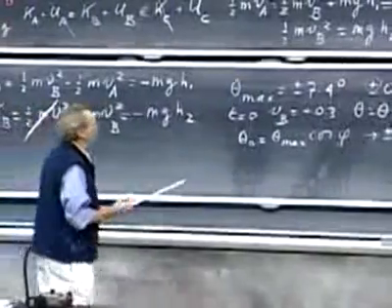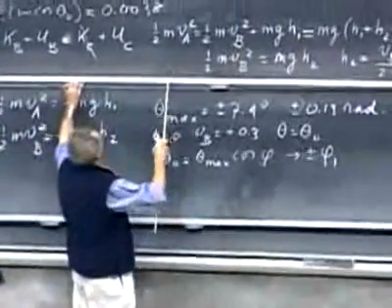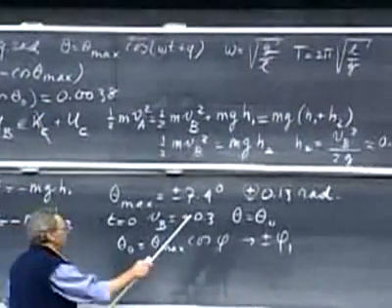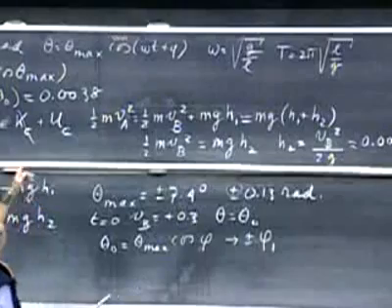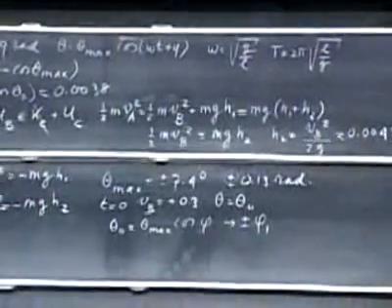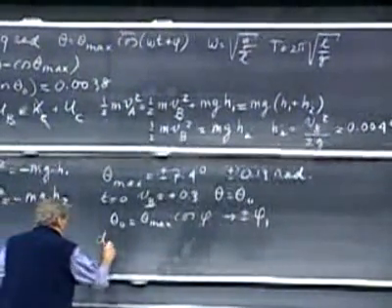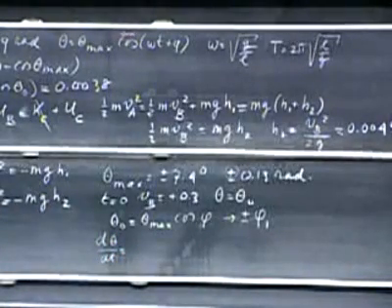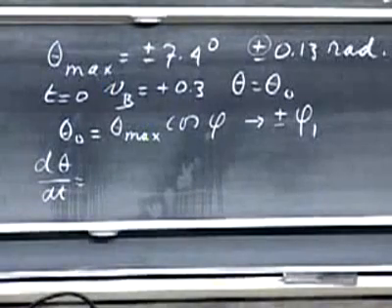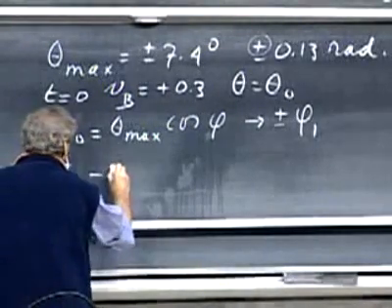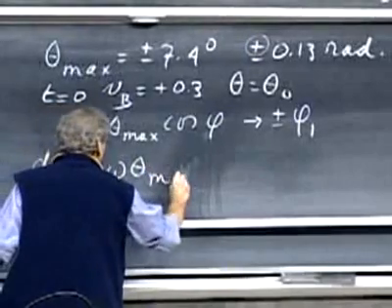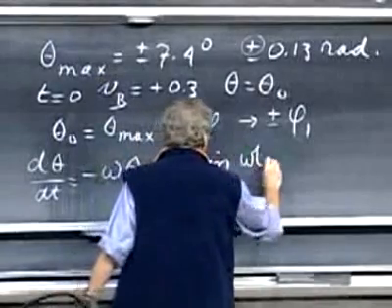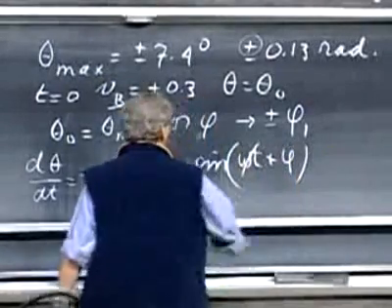And so now I have to take into account the fact that at t equals 0, I know the velocity v. And how does that come in? Well, I take the derivative of that equation there, and so I get that d theta/dt, which is the angular velocity in radians per second at any moment in time, but we are going to evaluate it at t equals 0, equals minus omega theta max times the sine of omega t plus phi, evaluated at t equals 0.